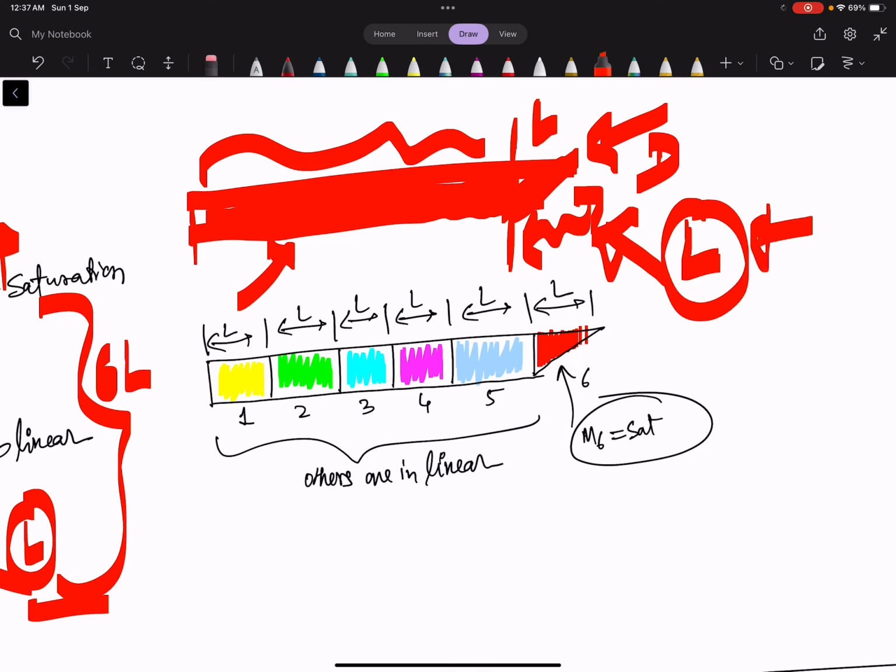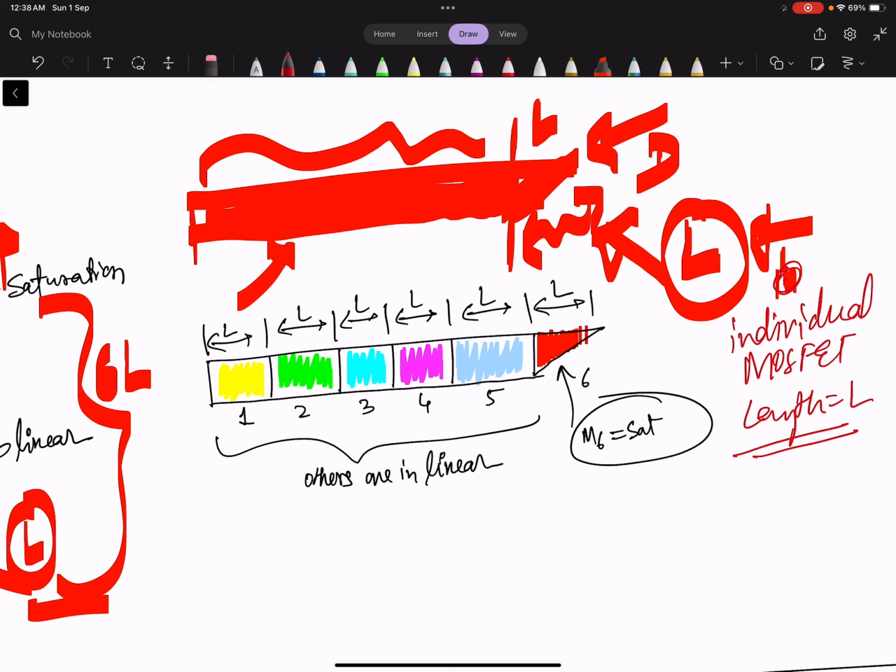The individual MOSFET length is equal to L, and it has been made such that this is the one MOSFET that is closer to the drain and has the length of this.